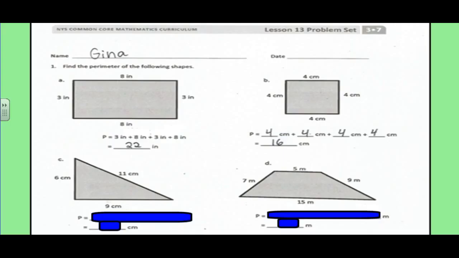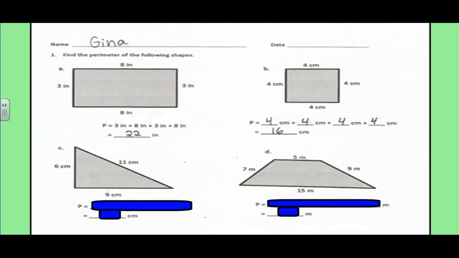And I know that we work with multiplication when we're working with area, but when all of your side lengths are the same size, you can always write down a multiplication equation as well to help you solve it, because 4 times 4 is the same thing as adding 4 times. It's not like we're doing area with this shape. But if I were doing the area of this shape, the perimeter and the area would both be the same thing.